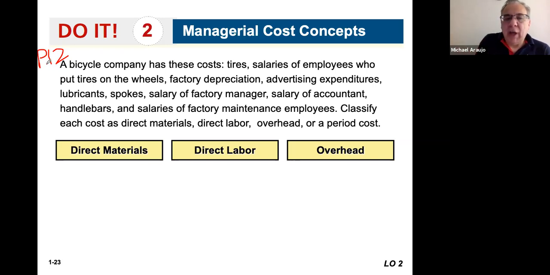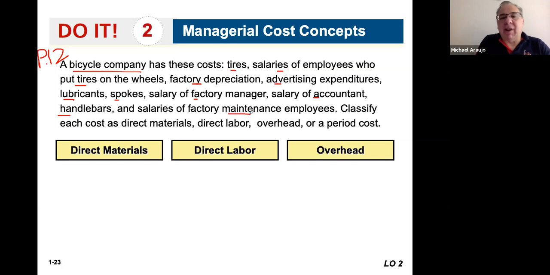So here we have a bicycle company, Bicicleta, that has the following costs: tires, salaries of the employees who put the tires on the wheels, factory depreciation, advertising expense, lubricants, spokes, the salary of the manager, the salary of the accountant, the handlebars, and the salaries of the maintenance employees.